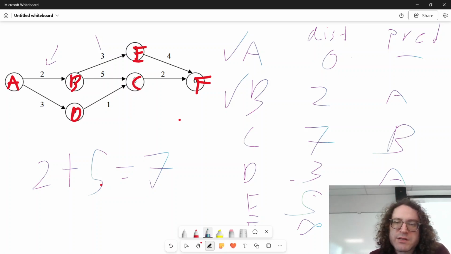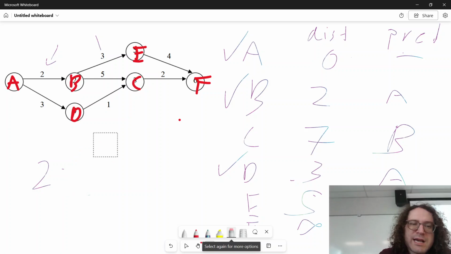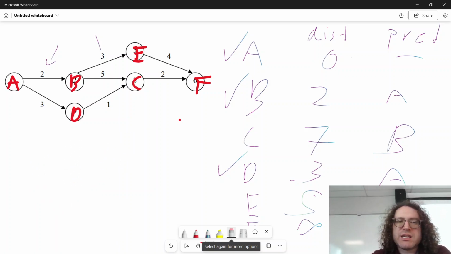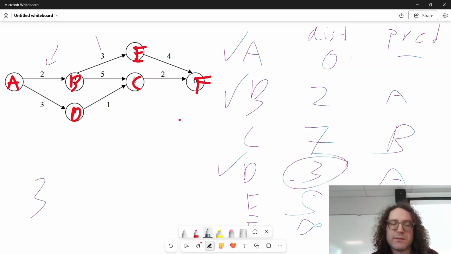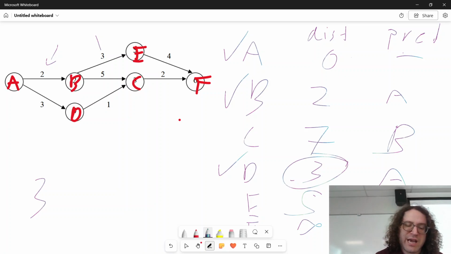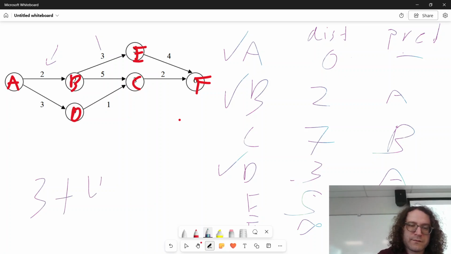Next, we resolve the next cheapest one, which is D. D says, I've got one edge, which is D to C, which costs 1. So the cost to get to C right now is 7, and the cost to get to C through D is 3, which is the cost to get to D, plus the cost to use the edge to C. Is that less than or equal to 7?